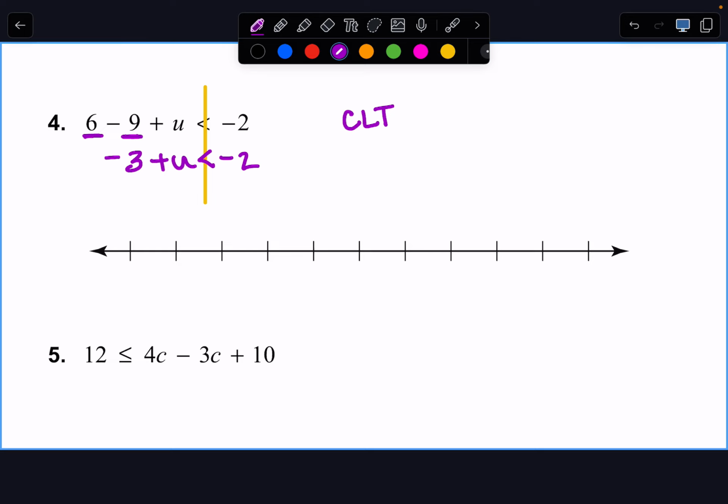Now, if we want to get u by itself, we would need to do what with this 3? Since it's a minus 3, we need to undo it by adding 3 to both sides. So we end up with u is less than 1.